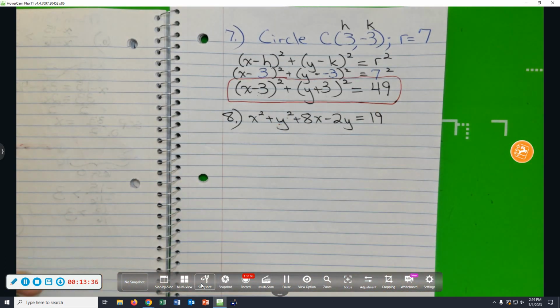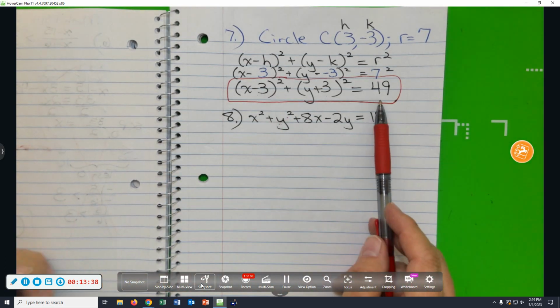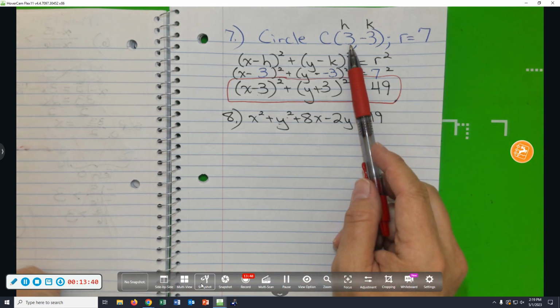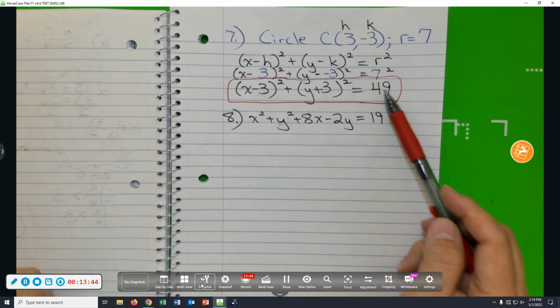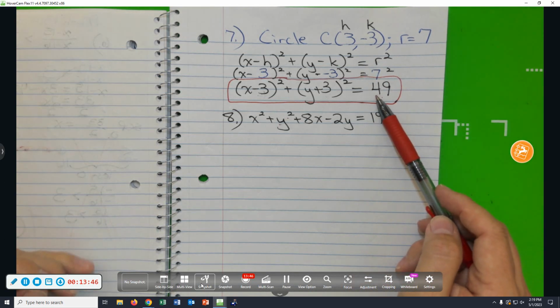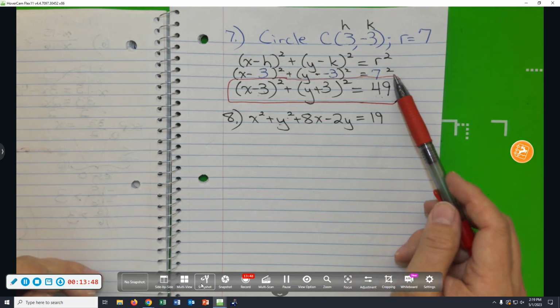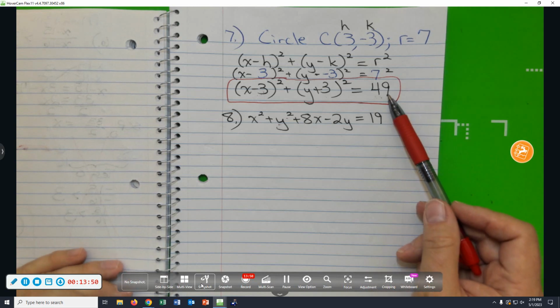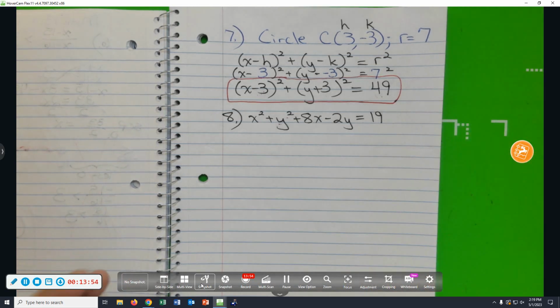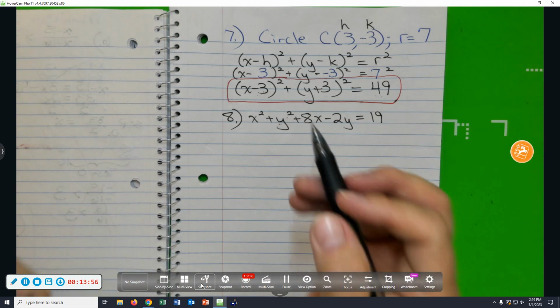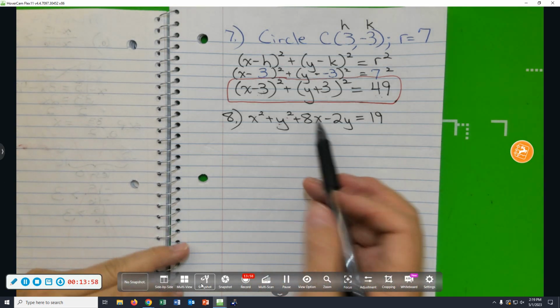Because remember, with center radius form, we know how to find that center. Just change sign, change sign. What do we do to this number to go back to the radius? You're undoing the square by doing what? Take the square root. So I think what we do is we'd say, okay, let's group the x terms together.